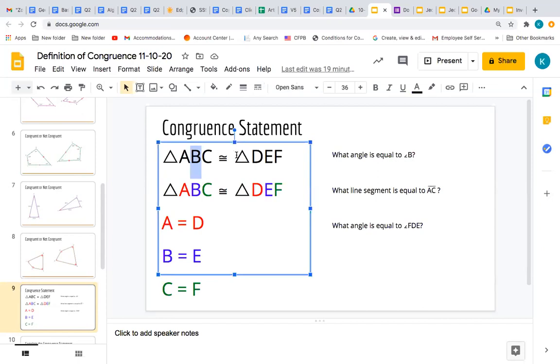All right. And what segment is equal to the line segment AC? What angle is equal to FED? That means FED. You can say either way. So let's see. We're just going to look into it.